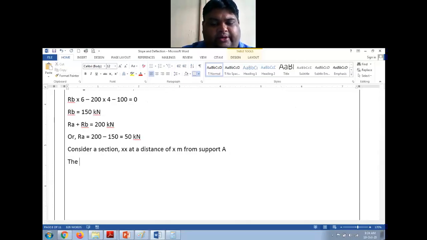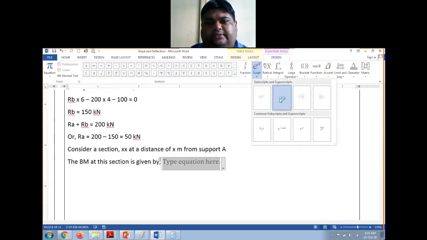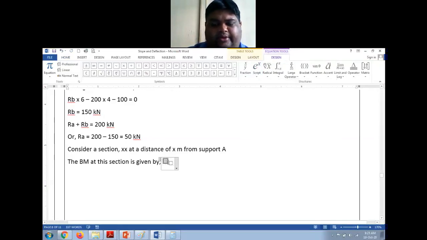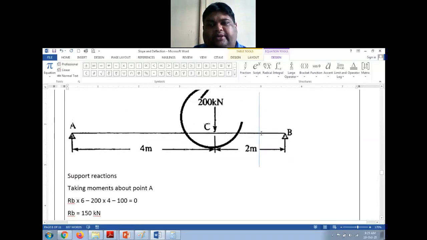The bending moment at this section is given by, I'll call this as Mx, and that is equal to, okay, this is my section.